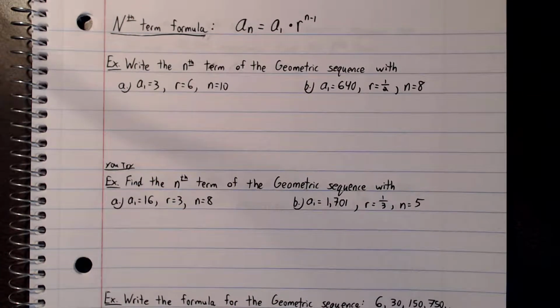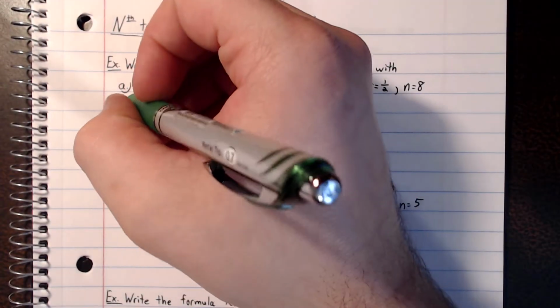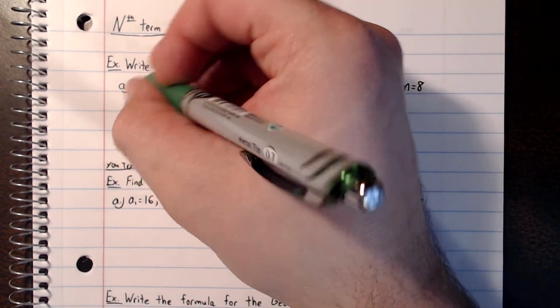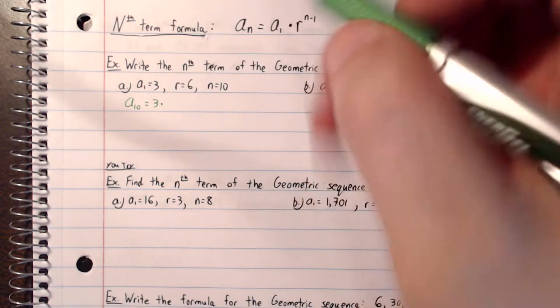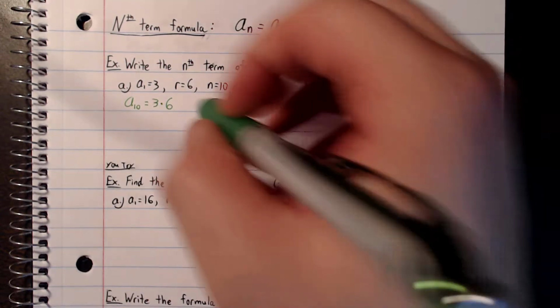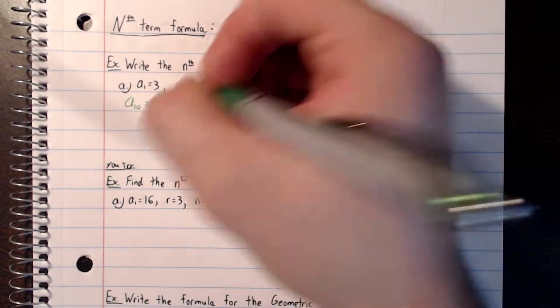So we're in luck here because a lot of this stuff is actually given to us. If we're finding the 10th term, it requires the first term, which is 3, times the ratio, which is 6, to the n-1, so this would be 10 minus 1.